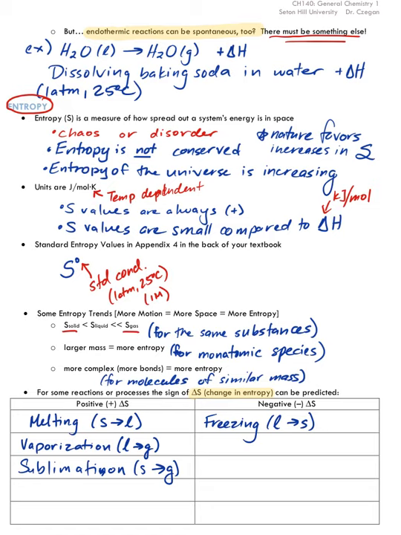So our change in entropy is negative. Condensation is the opposite of vaporization. This is when we go from a gas to a liquid. And the opposite of sublimation is deposition. And that's when we go from a gas to a solid.